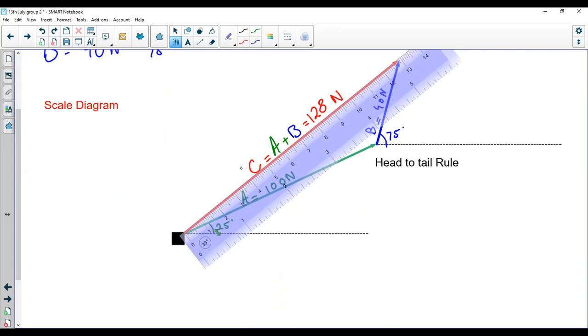It's time consuming. If your pencil is not sharp and if you're not good at adjusting your scale or ruler, you will end up with the wrong answer. And the direction, the angle, is 39. So I write the answer here. The answer of this is 128 at an angle of 39 degrees. Got it? So that was the resultant of the two forces.